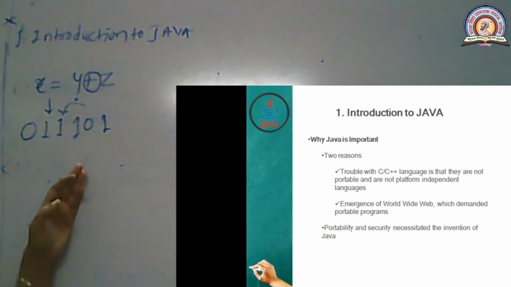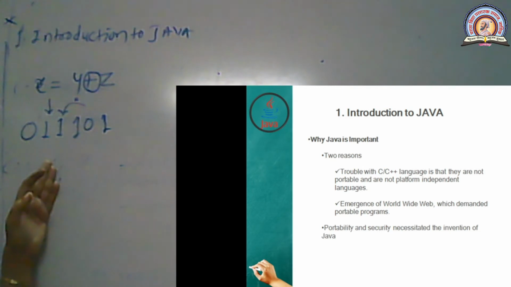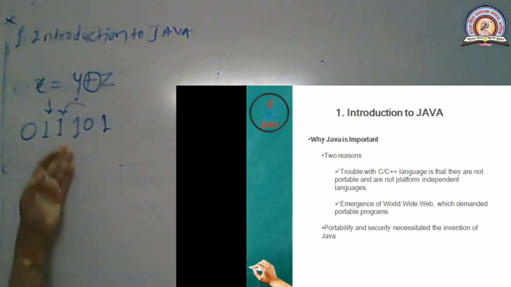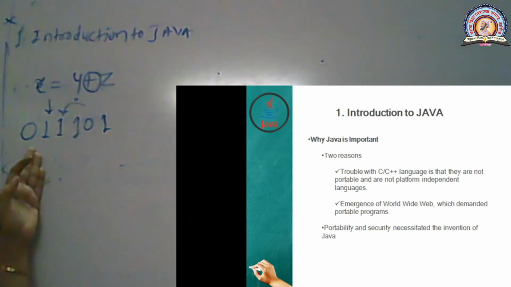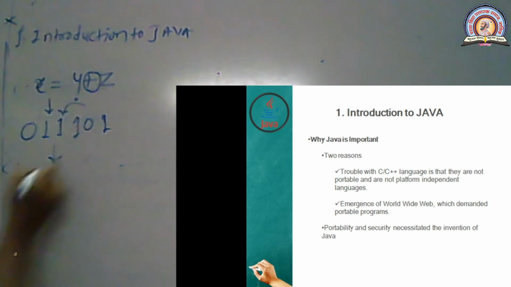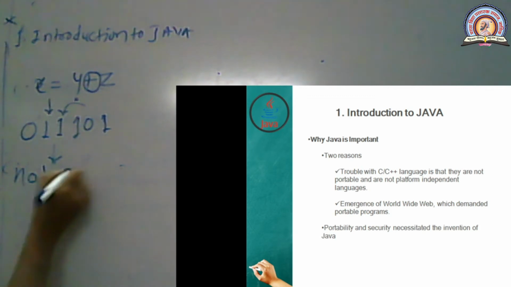That means a machine code which is executed on one processor may not be executed on another processor having a different architecture. Why? Because the instruction set changes from processor to processor, and hence we can say that the programs are not portable.